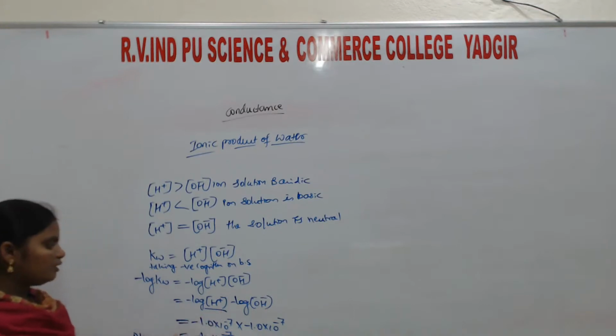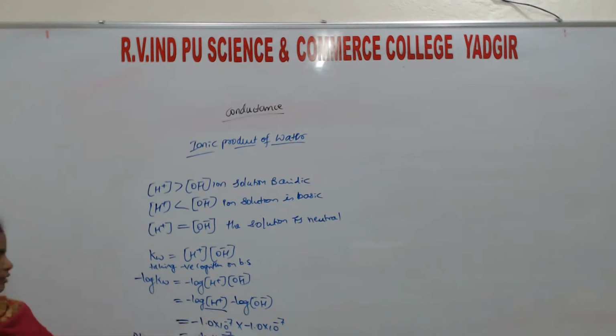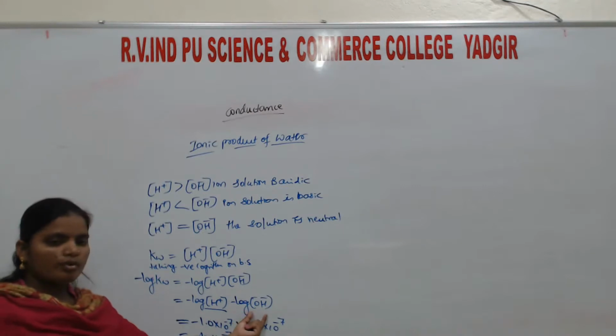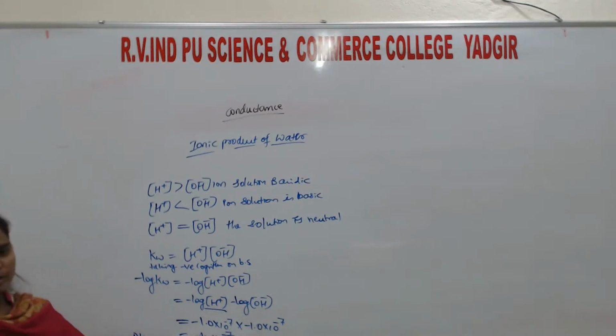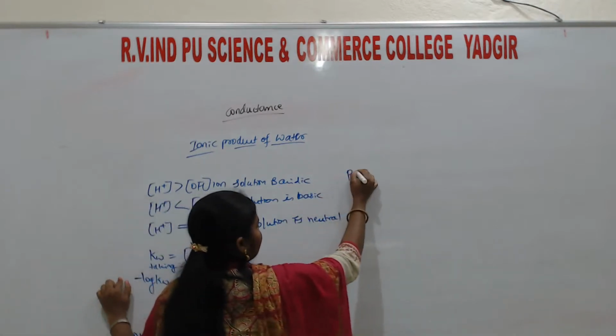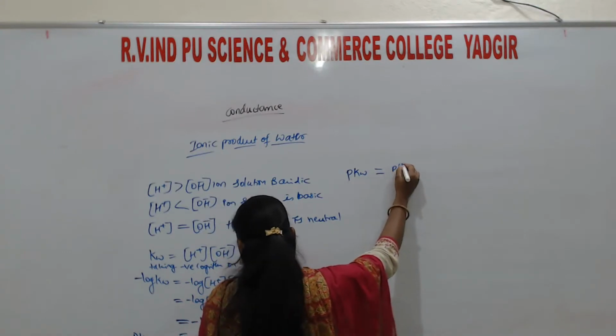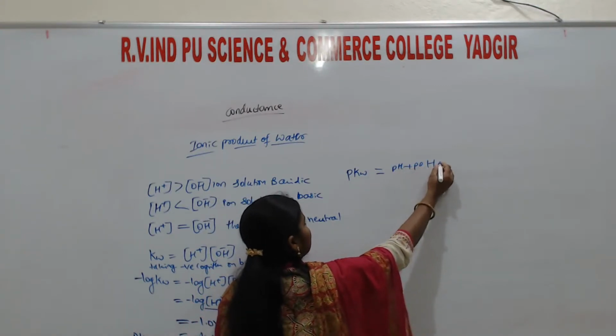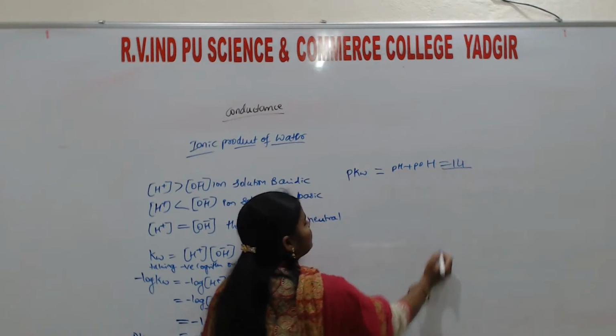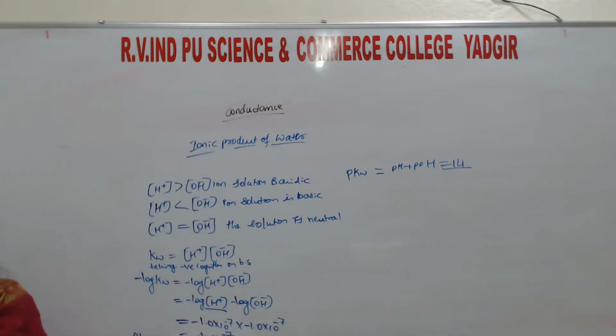The logarithm of H plus gives pH and the logarithm of OH minus gives pOH. Therefore pKw is equal to pH plus pOH, and finally the value is 14. This is the ionic product of water.